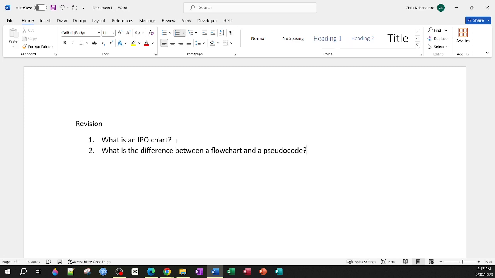The pseudocode is like written standard English with different steps. And the flowchart is more of a picture kind of diagram thing, with shapes and so on.